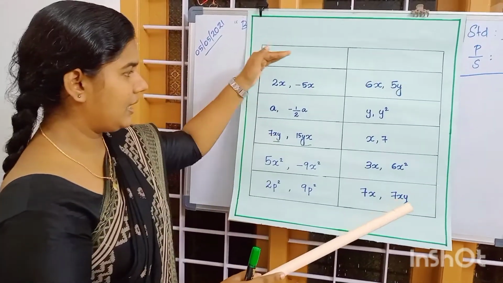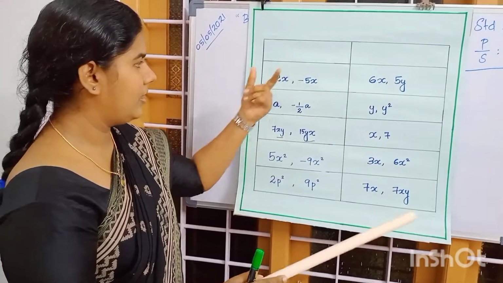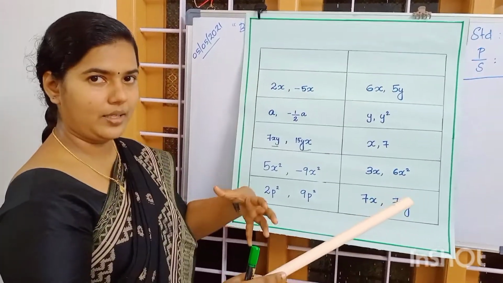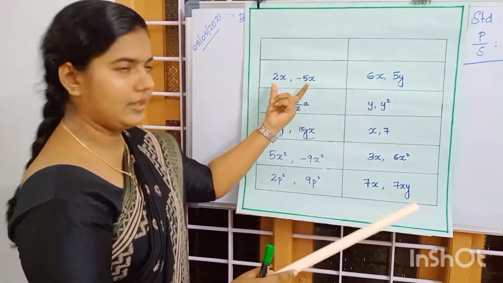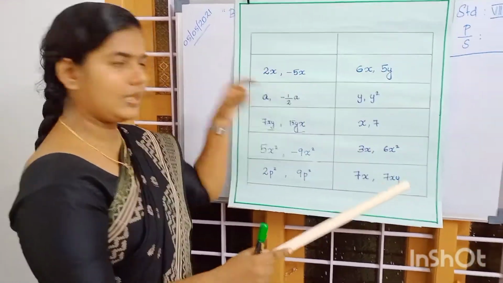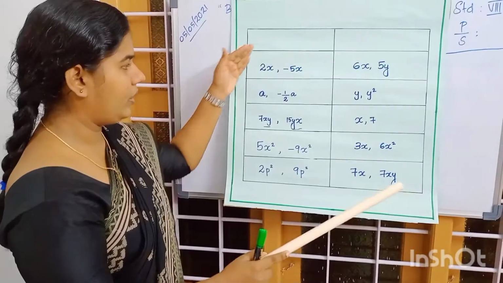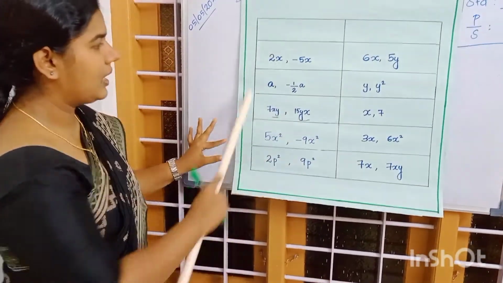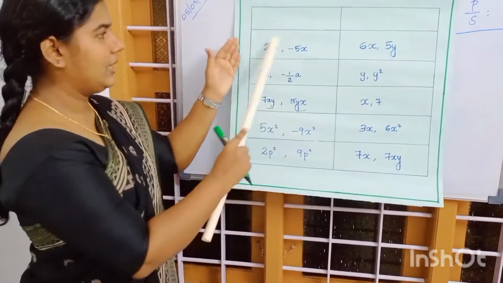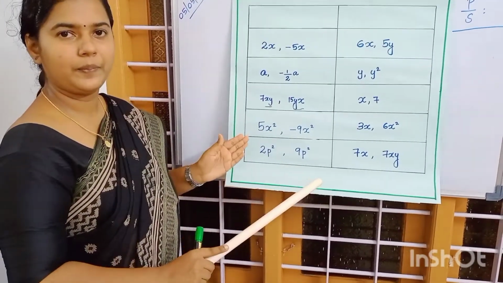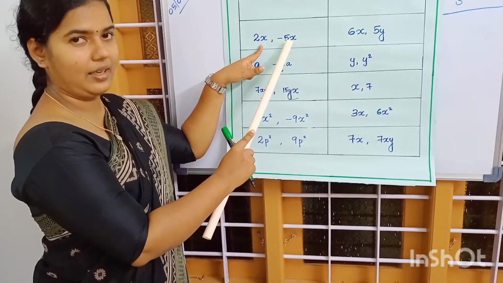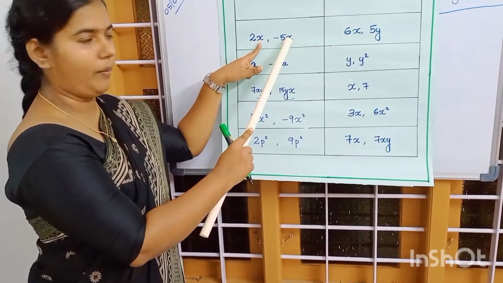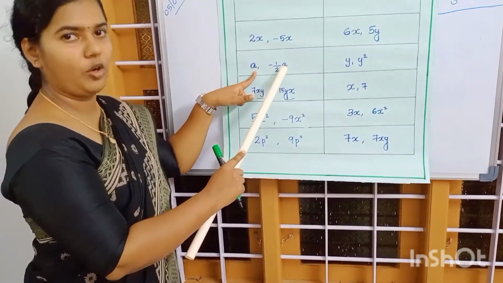So, my question is, they are similar, right? Because they follow the same pattern. So, what can we call these sets? This set is one example, this is another example, and so on. Can you give these examples a common name? Okay. See, they are similar, right? Because they have x in common. Here, they have a in common.